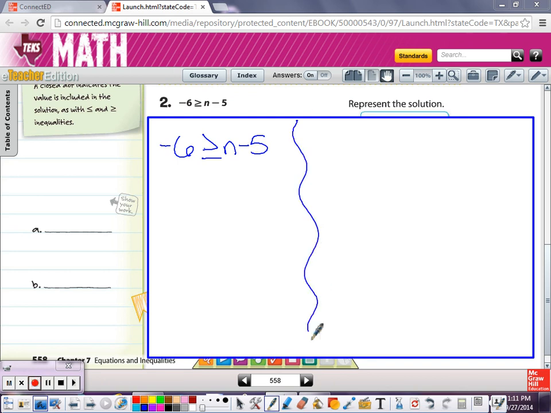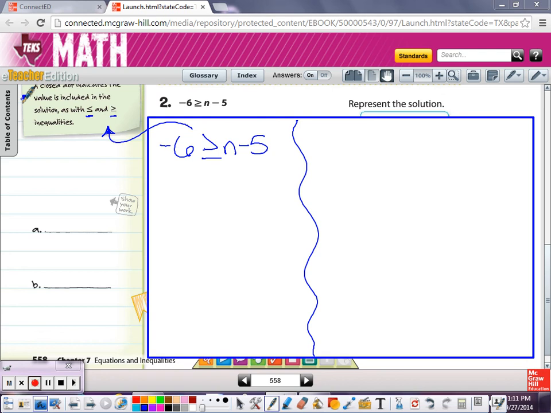If you remember from the note up here, when we graph it, if we have any of those symbols there, we're going to be using a closed dot. So we'll remind ourselves when we get back to the end of this and graph it. For now, let's go ahead and solve.